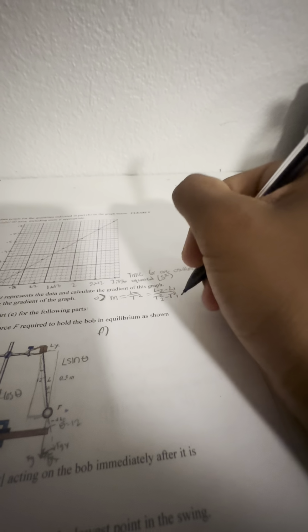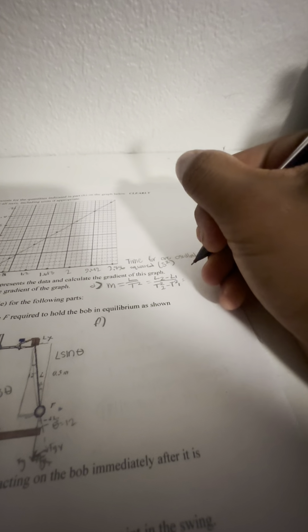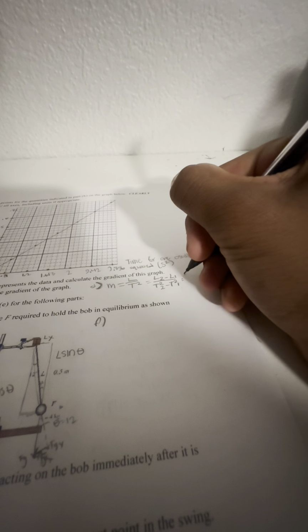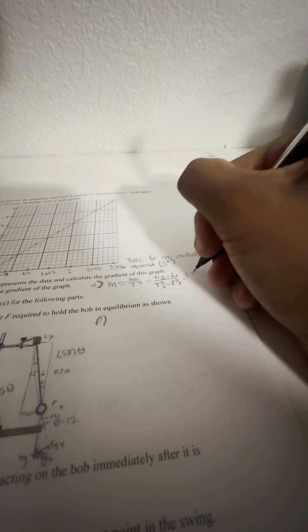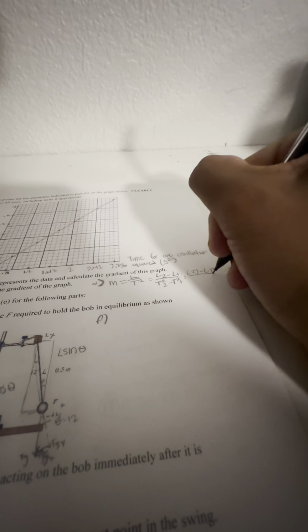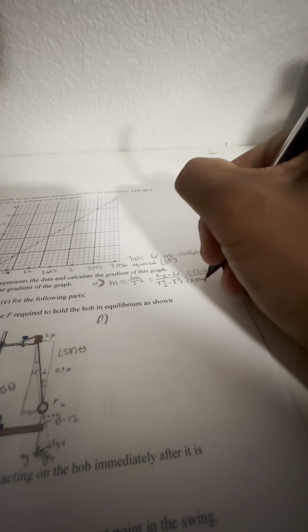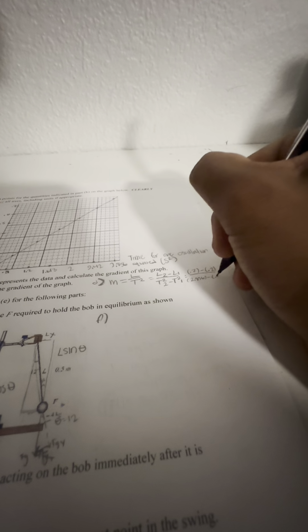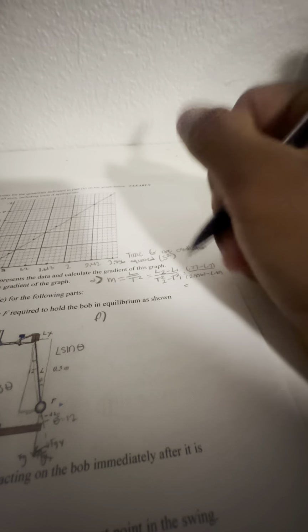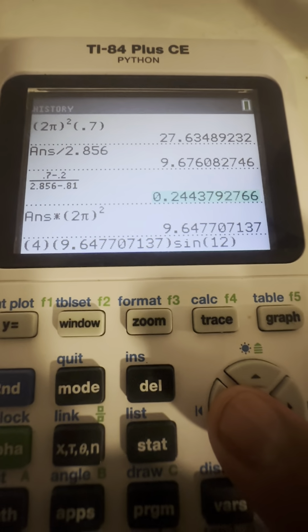And we go ahead and use the last point and the beginning point. So L2 is just going to be 0.7 minus 0.2 over 2.856 minus 0.81. And if we plug that into our calculator, we're going to get 0.244.